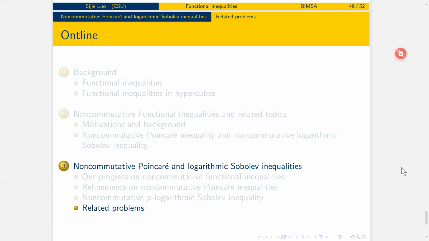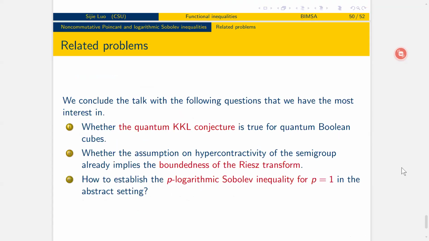Okay, finally, I should mention some open problems that we consider most recently. The first, no doubt, is the quantum KKL conjecture. Whether for the quantum Fourier cube, the conjecture holds or fails, we don't know. Regarding our investigation in CAR algebra, maybe it fails, but we could not construct such a counterexample.